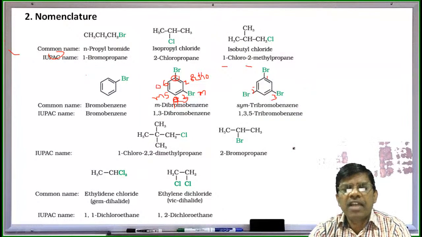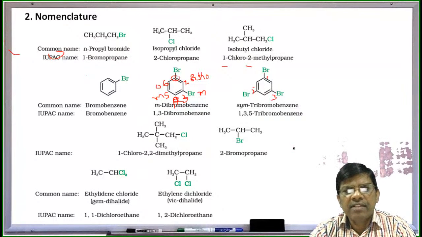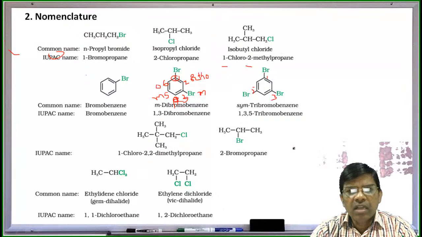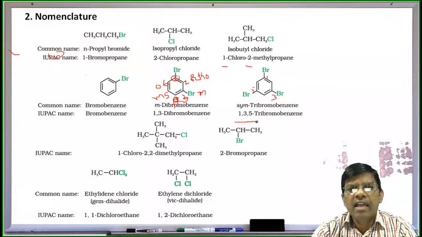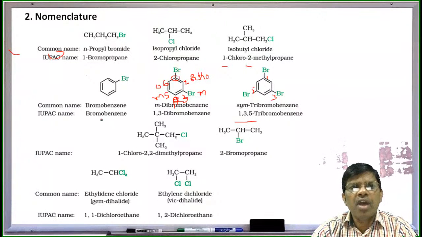Most of the time for haloarenes, the common name and IUPAC name are pronounced similarly: bromobenzene, dibromobenzene, tribromobenzene. However, you have to write the positions 1, 3, 5 or meta, or 1, 3 like that. Otherwise, the common name and IUPAC names are very similar for aromatic compounds.